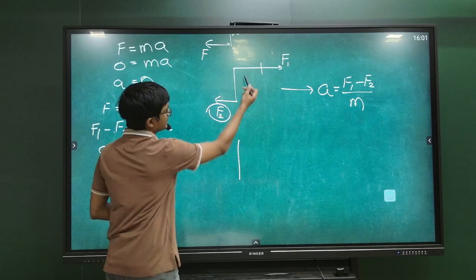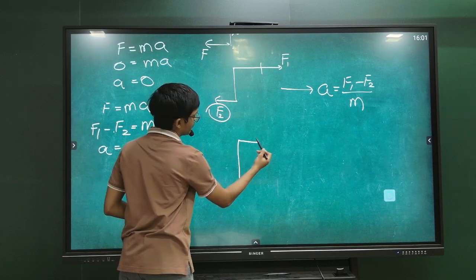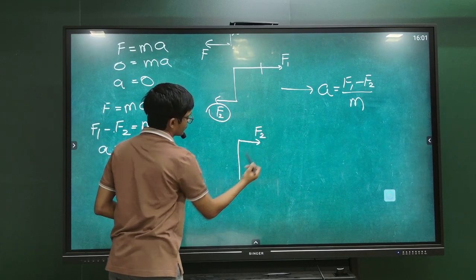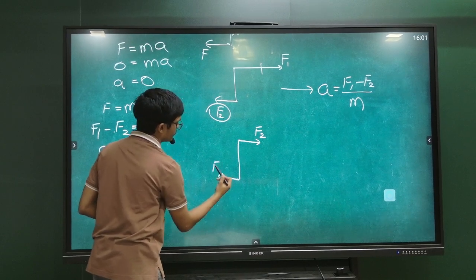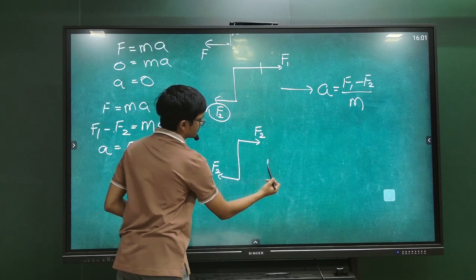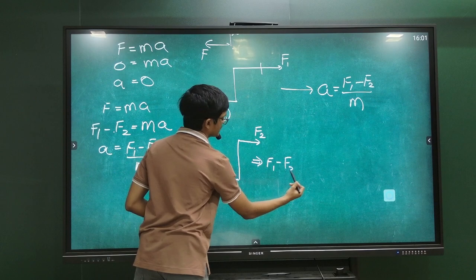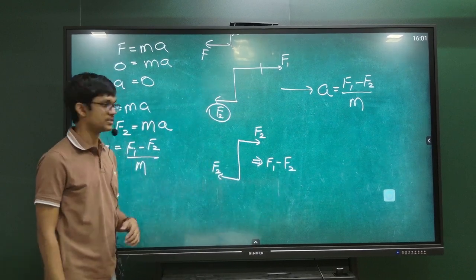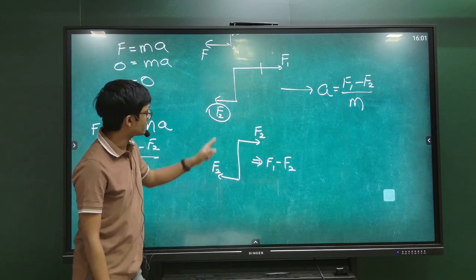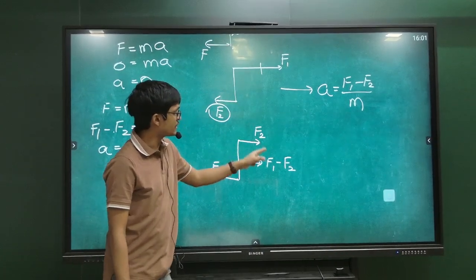You can consider this system as F2 and F1 minus F2. You can see this system like this. Now here you have F2. What will happen if you add these two forces?